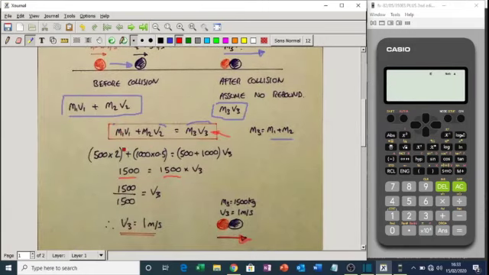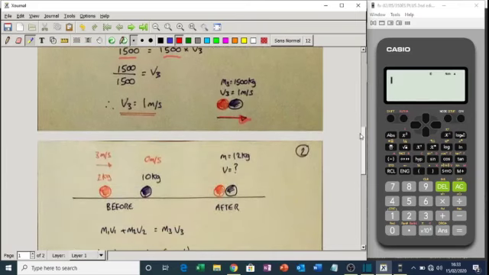So that's the basics of conservation of momentum. Momentum before is momentum after. Another example here. I've got another blue ball and another red ball. This ball is 2 kilograms and it's going this way at 3 meters per second. This blue object is 10 kilograms and it's stationary.